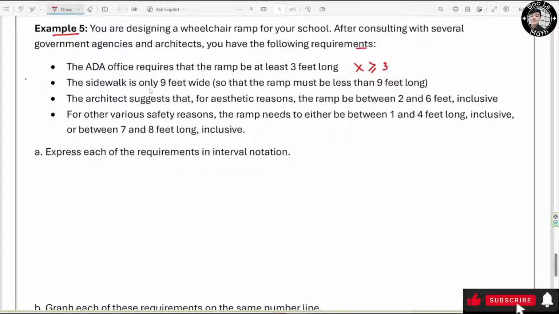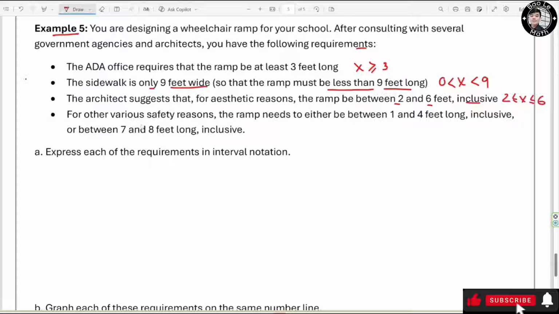The sidewalk is only 9 feet wide, so the ramp must be less than 9 feet long, right? So it should be 0 less than s less than 9. The architects suggest that for aesthetic reasons, the ramp be between 2 and 6 feet inclusive, right? So you have 2 less than or equal to s less than or equal to 6.